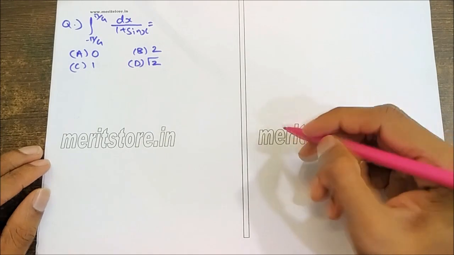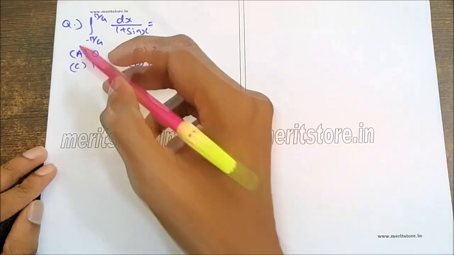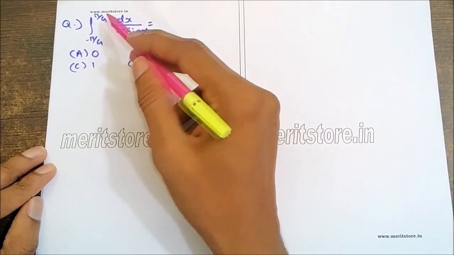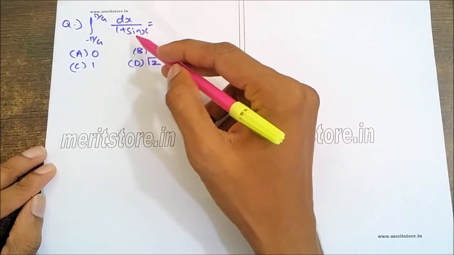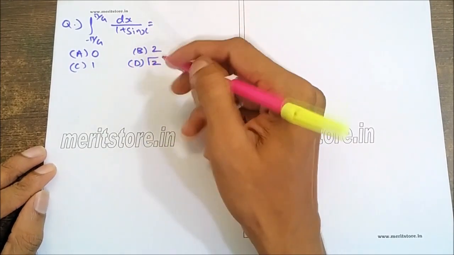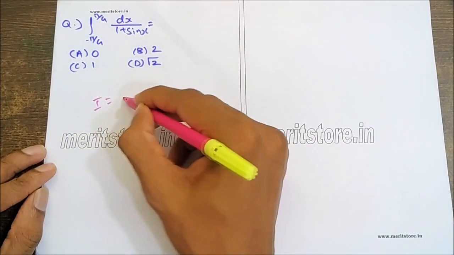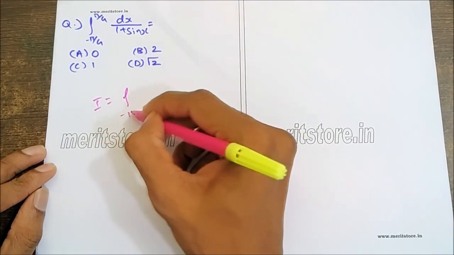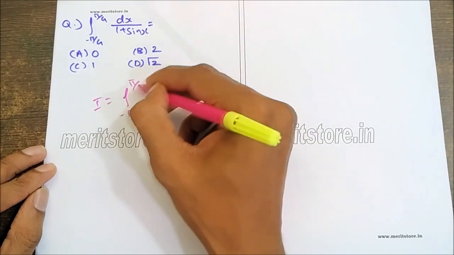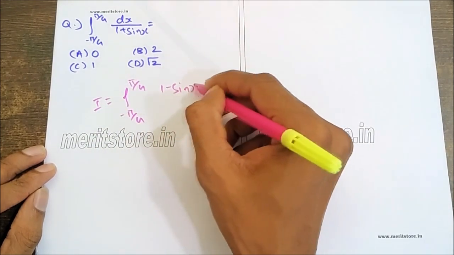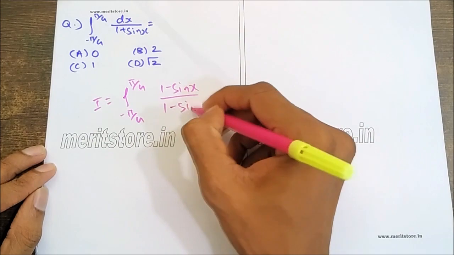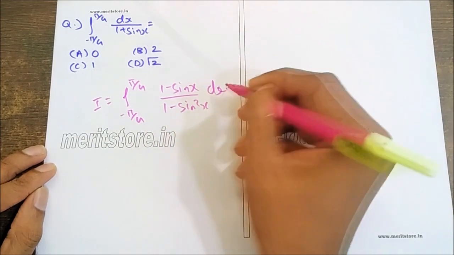Let's see MCQs on definite integral. Integral minus pi by 4 to pi by 4 dx upon 1 plus sin x is equal to, we're given 4 options over here. We can rationalize it, we get 1 minus sin x upon 1 minus sin square x dx.